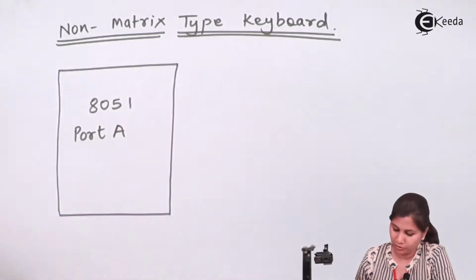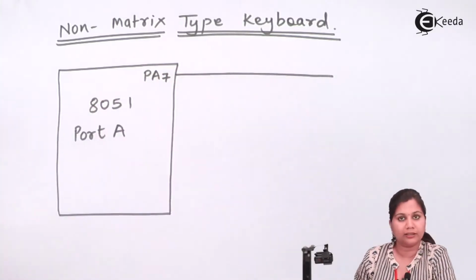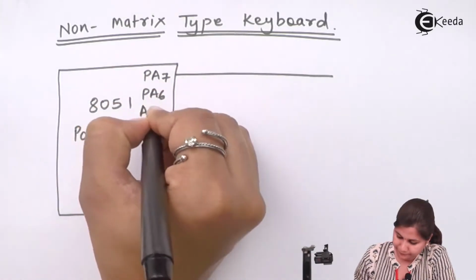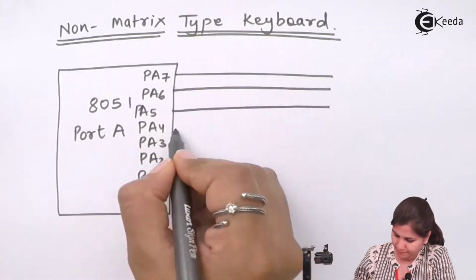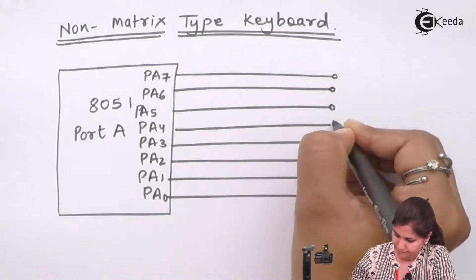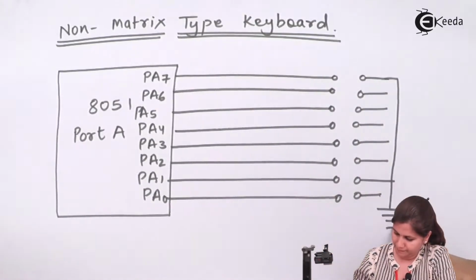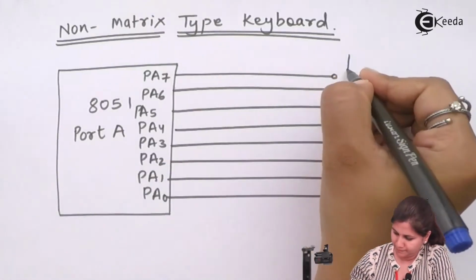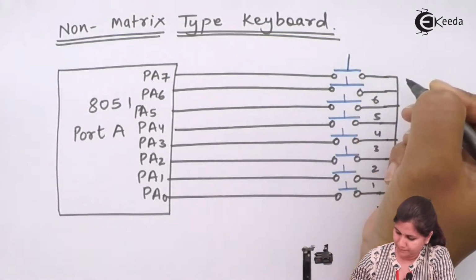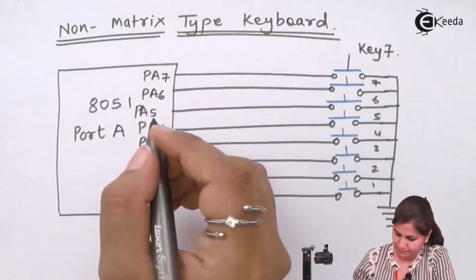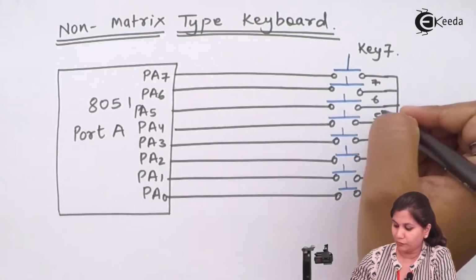We are using port A, and each port is going to have 8 lines, so PA7, PA6, and so on. It will start from 0, 1, 2, 3, 4, 5, 6, 7.